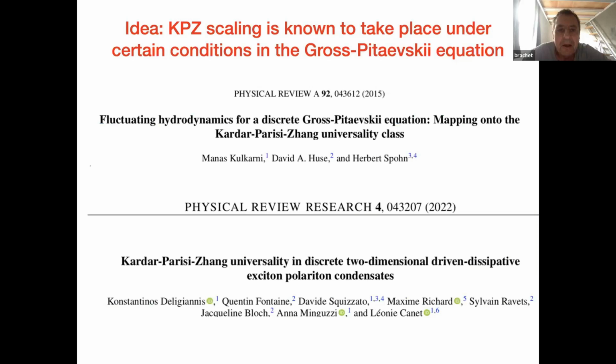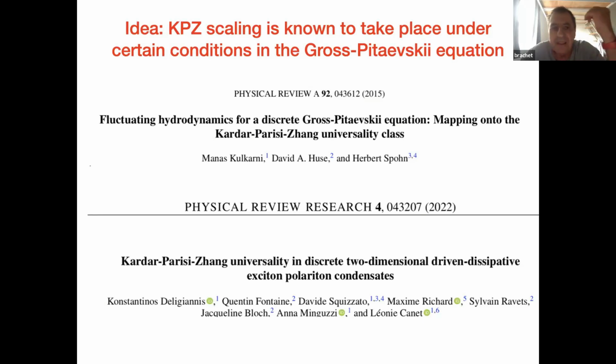I will not speculate on the possibilities of still studying the inviscid limit of the Burgers equation, but I will rather suggest that there are known results. Here I've shown you two results by Spohn, and another one by Leonie Canet also.